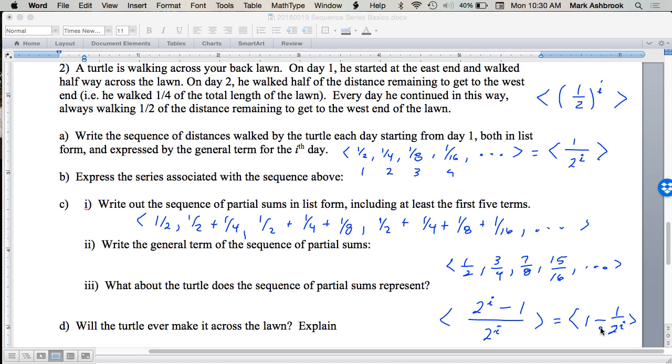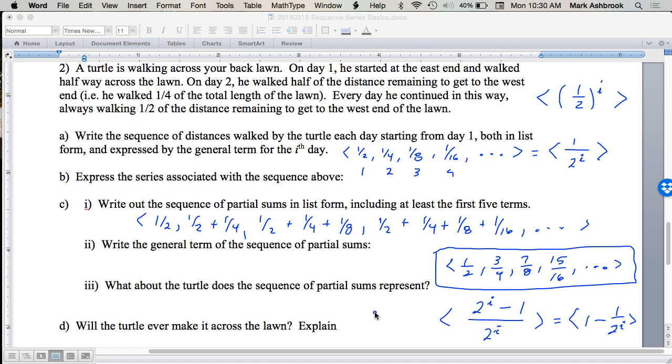All right, so what about the turtle does the sequence of partial sums represent? So this sequence right here, how could you say what that means? What does that sequence mean or represent? Net accumulation function of the turtle's distance. Yeah, or just like how far he's made it.